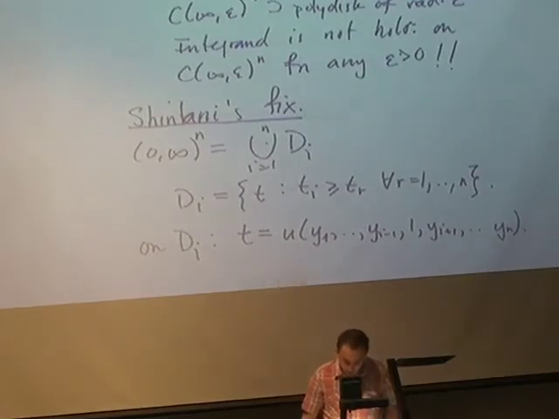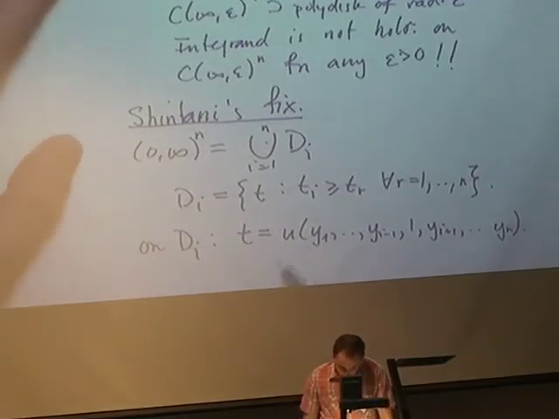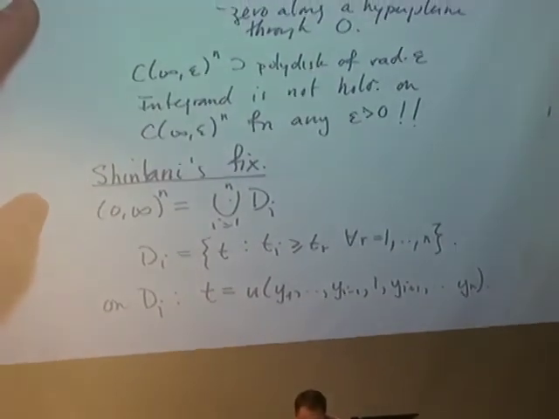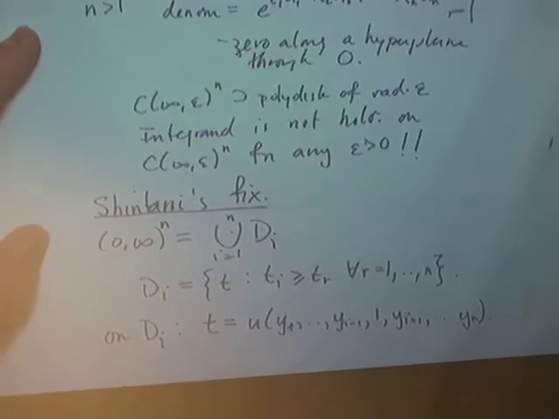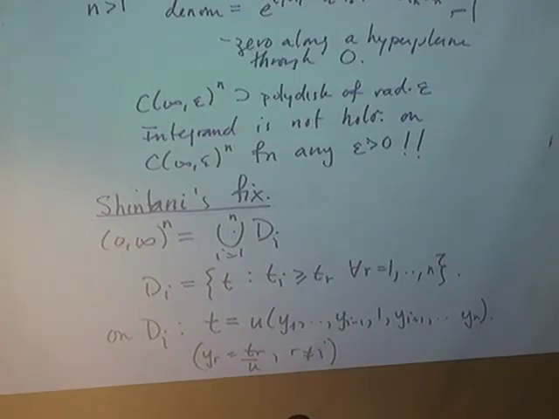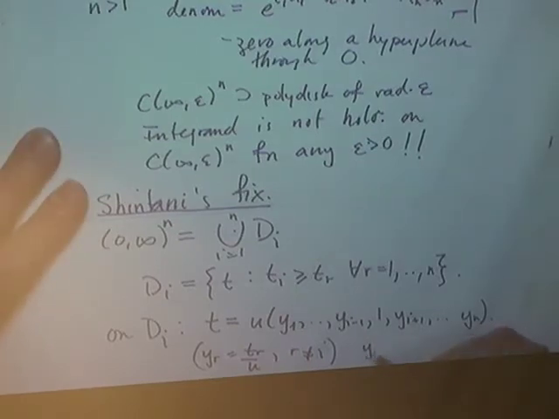So I'm setting t_i to be u, and y_r to be t_r over u, for r not equal to i. And note that this is less than 1 because u is t_i, which is the biggest among all of those components. So note that y_r belongs to the interval (0, 1) for all r not equal to i.